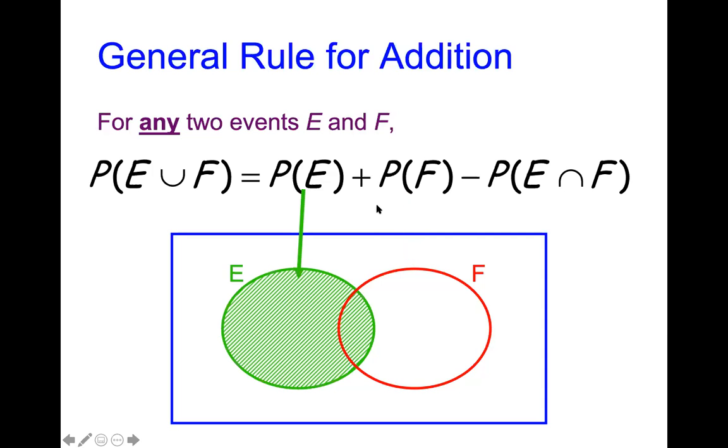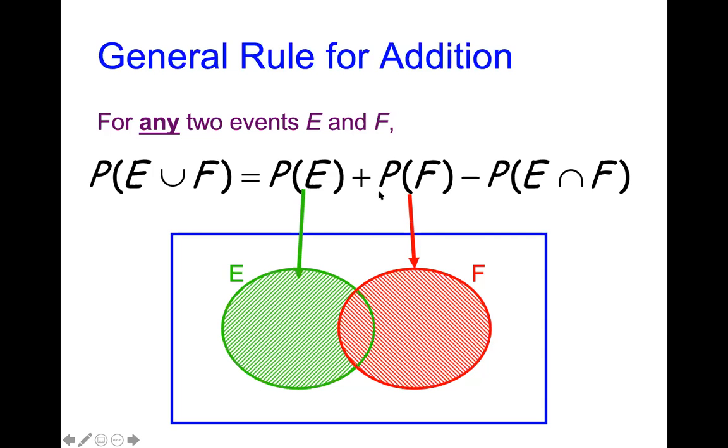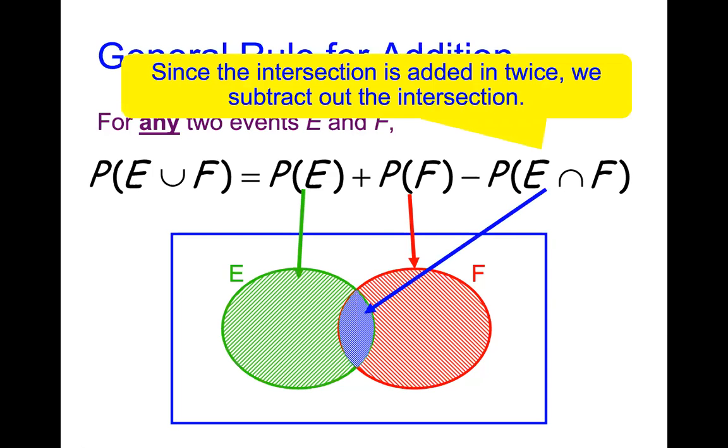But what happens in this middle section when I do that? They overlap. So I counted it twice. Because of that, I need to subtract it out, so it only gets counted once, because it got double shaded basically.